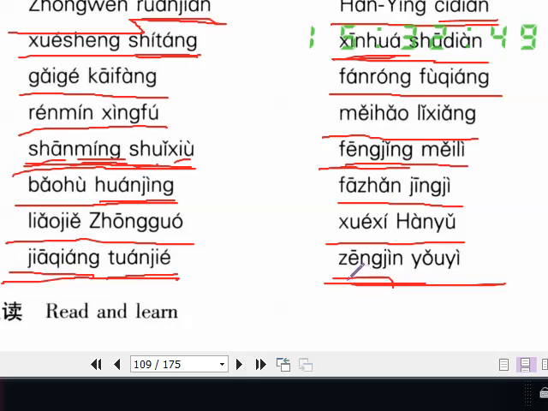In Chinese, 增进 is used together: 进 is make progress, 增 is more, so you just make progress. 友谊 friendship.